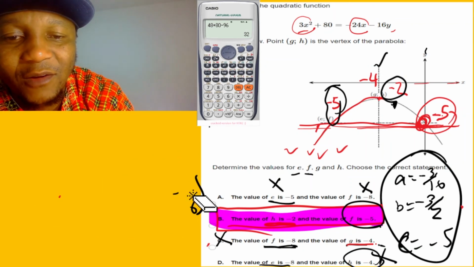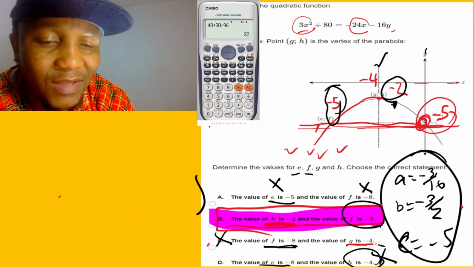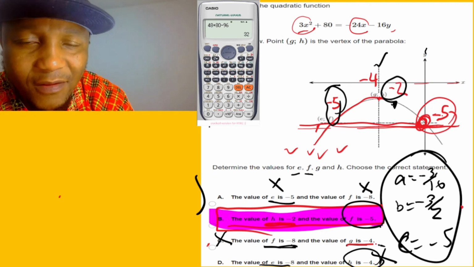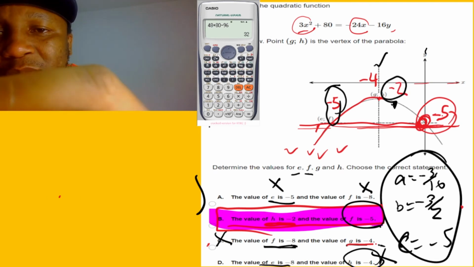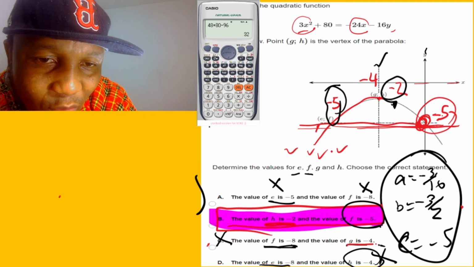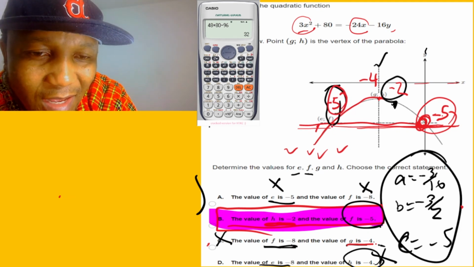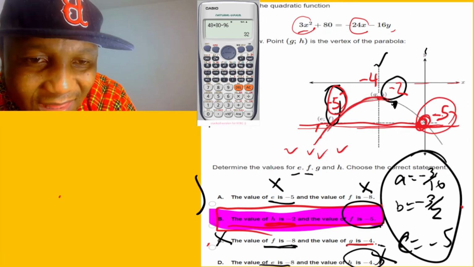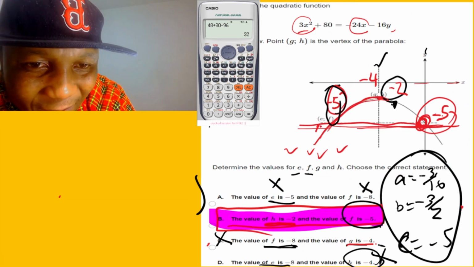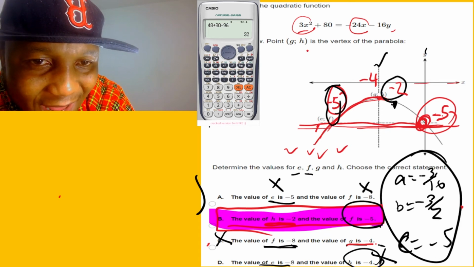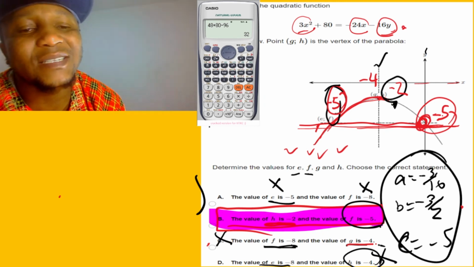Let me show you how to get the value of E quickly so you can understand. So how are you going to get the value of E? Look here. If you know your value of F equal to negative 5, and this F lies on this equation, then I can take the value of F, which is Y in this case, because F has an X and a Y, and I can plug in the position of Y and then solve this quadratic.